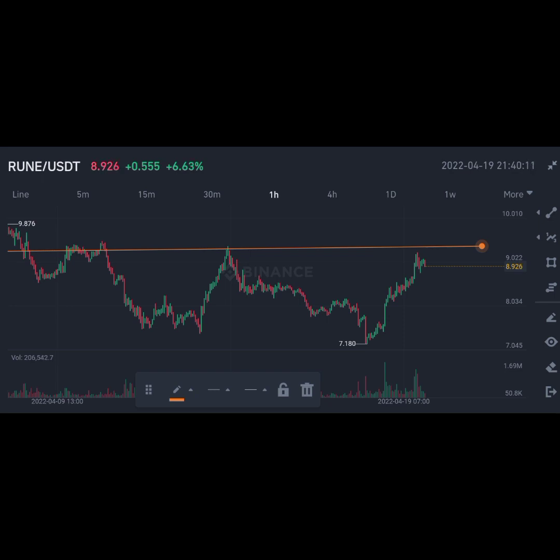This is the RUN USDT pair. The line is not so perfect because I'm using my mobile device, but just get the gist. Just get information on how to draw your trend lines, I'm talking about your support and resistance.